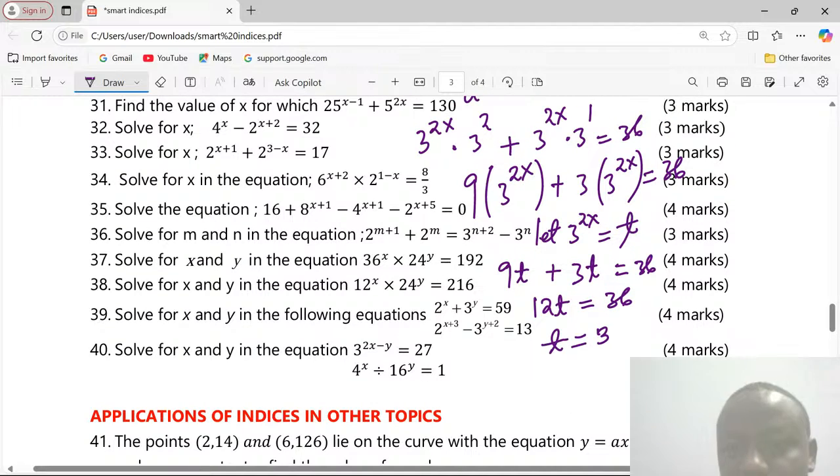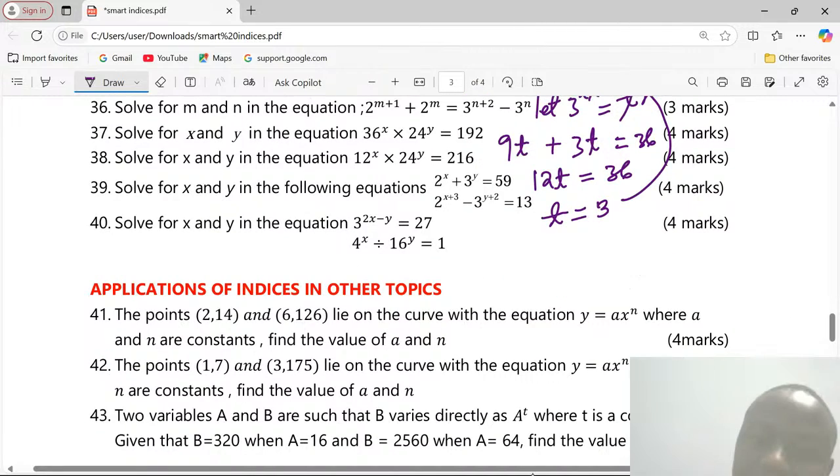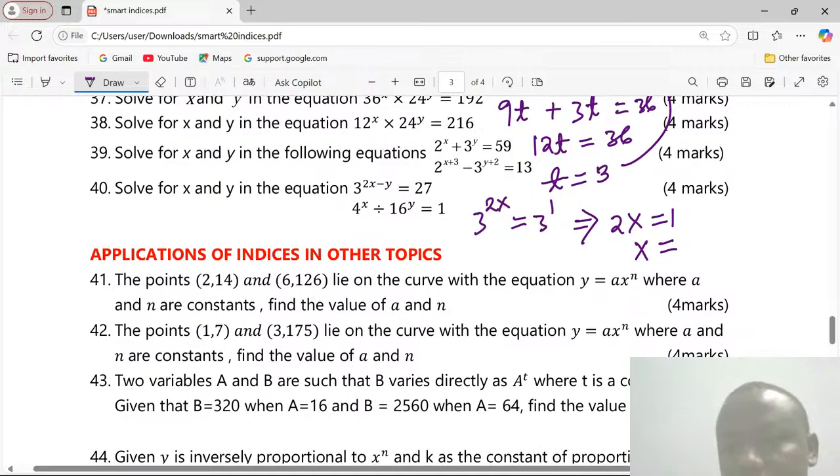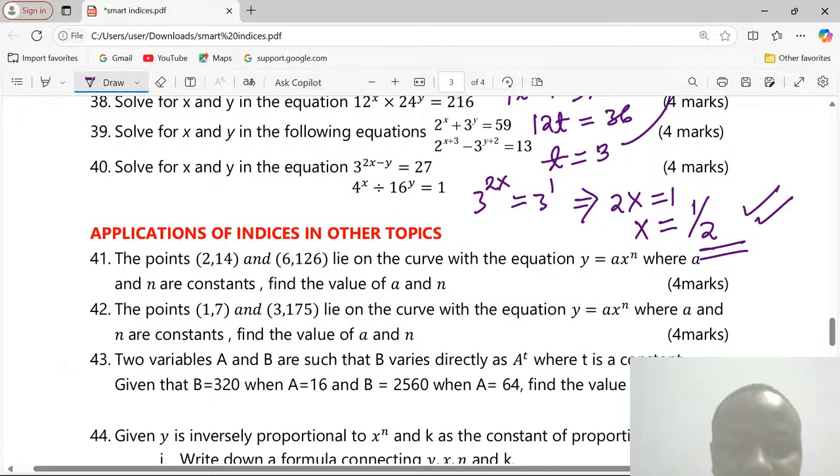But what had we let to be t? 3 power 2x. So 3 power 2x is now 3, which is power 1. And we can narrow down to the powers now, 2x becoming 1, so that the value of x becomes automatically half. So that's another indicial equation, which is supposed to be seriously understood.